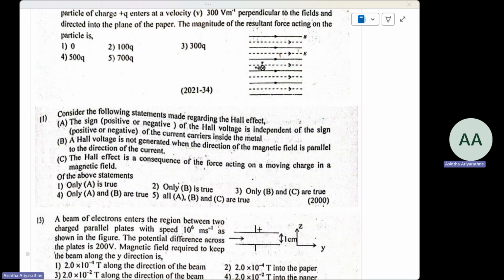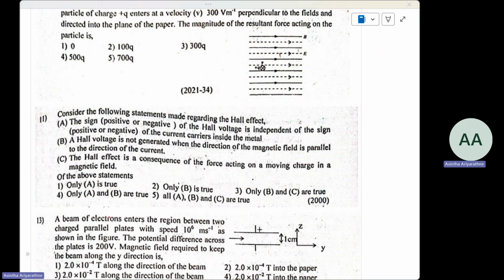Let's say current is flowing in this direction, so the electrons flow in the opposite direction. The magnetic field is in this manner, and the electrons would be shifted upward.